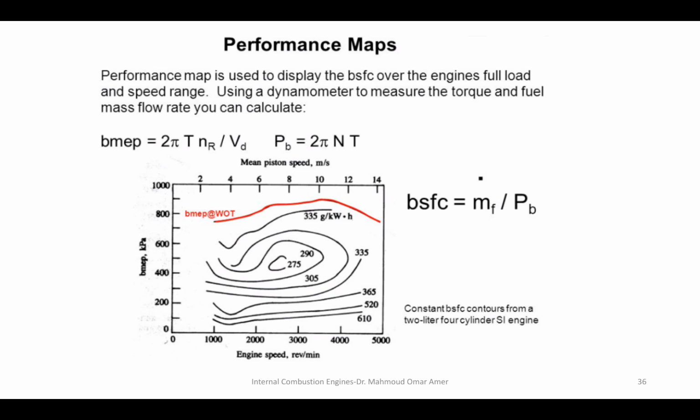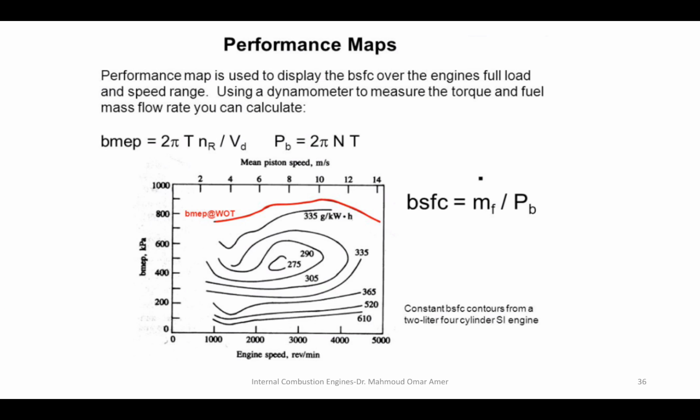So how do you use this map? I will give you a point. Maybe I will say that this engine is producing 600 kilopascal brake mean effective pressure, and the fuel consumption is 305 grams per kilowatt hour. Where is the line for the 305?